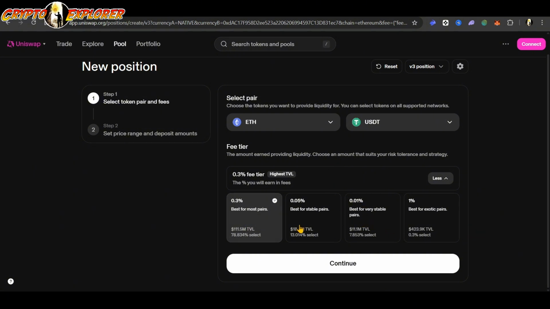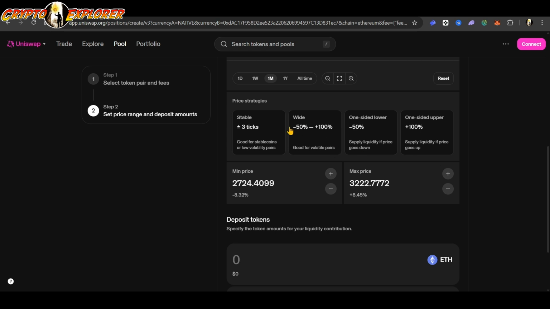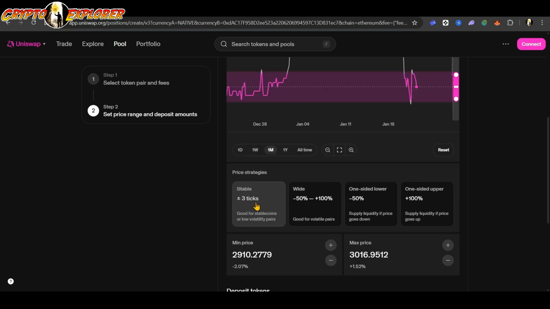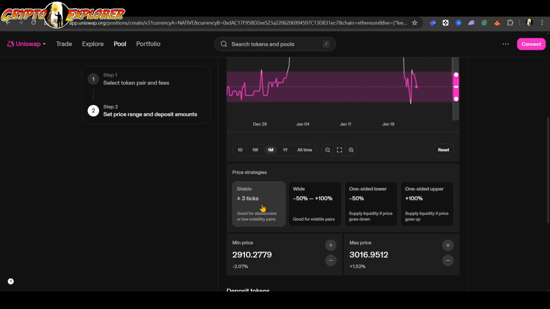You choose the pool fee tier that you like the most, click continue, and then you will have to set up ranges. There are already predefined ranges. Stables here are very narrow ranges. It's good for stablecoins because stablecoins are meant to have their value at around the dollar value. They will be slightly above or slightly below a dollar.